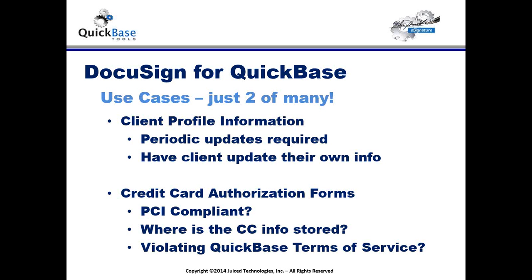Maybe they changed their shipping address or their billing address or their accounts payable representative or contact. Or maybe they have some license information that you want to capture, or software that you might be selling them or services you might be providing them, where you need to capture some of the updated information in QuickBase and store that. And in the past, you've probably been calling them or sending them emails and trying to get them to respond so that you can keep your data updated.